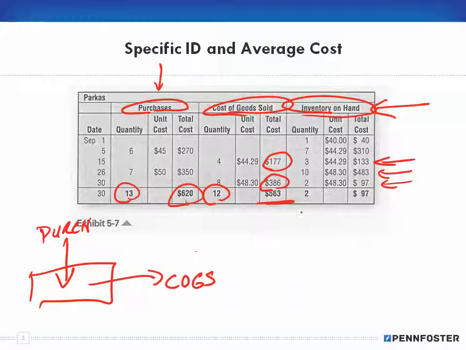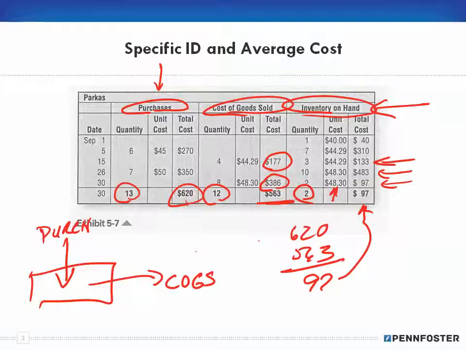So when you look at it, what's the difference between 620 and 563? 97. So you end up with the same inventory value and you have the same quantity on hand, and obviously your cost for those two is the 48.30. So that's how the average costs work.